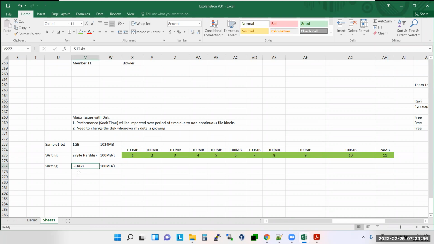But now I have 5 hard disks: disk 1, disk 2, disk 3, total 5 disks. All 5 disks will run parallelly. In the first second itself, all the disks will run, so each disk will write 100 MB per second.